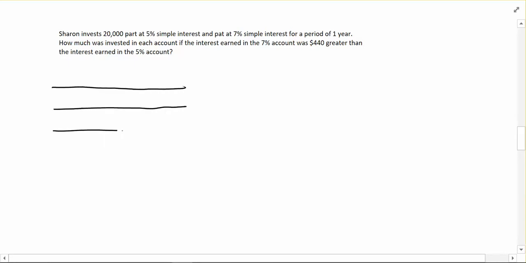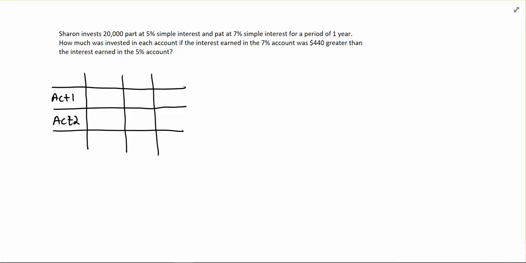So along the rows, we put the account types, account 1 and account 2, and the amount. So 20,000 is not what she puts in either one of those accounts. 20,000 is the total that she has, so I'll put that down here. So that's the total.